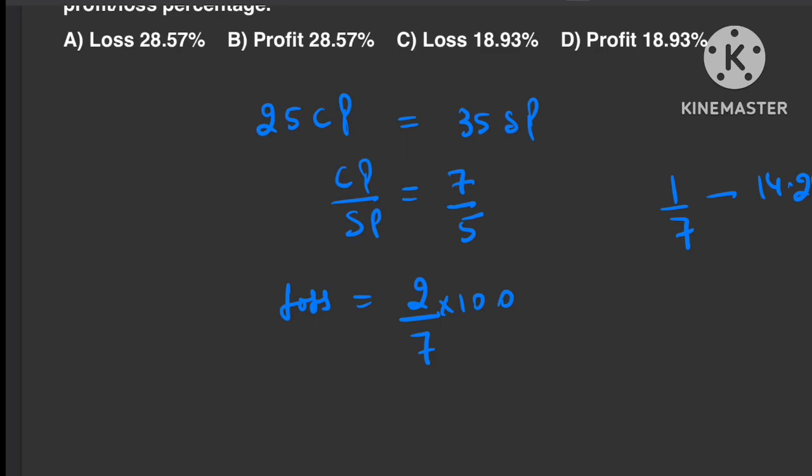So 2 by 7 will be 28.56%. So loss of 28.56%. Option number A will be your answer.